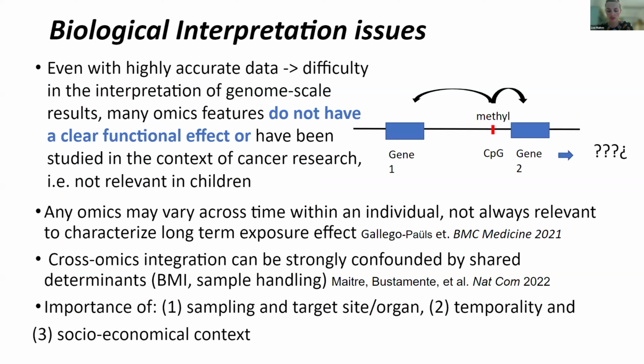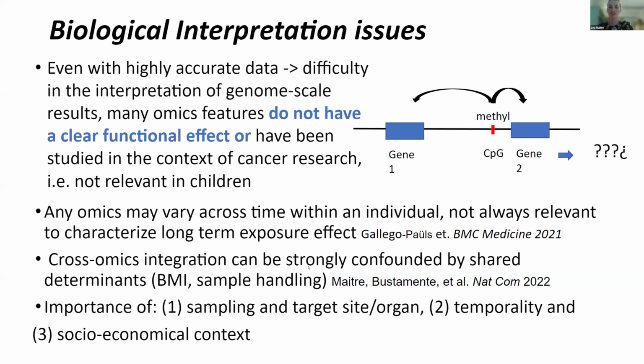And we found in our previous studies that most of the omics markers have been analyzed using catalogs, for example KEGG pathways or disease catalogs, for functional analysis. But most of the information comes from the context of cancer research. So when we start to translate that to children, it's not always relevant, because biological disruption in children might not be related to cancer, but to earlier markers of phenotypes.